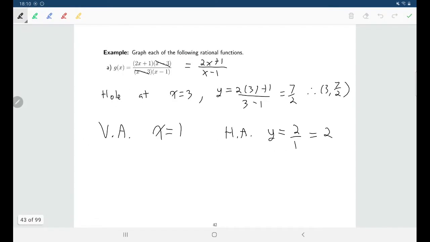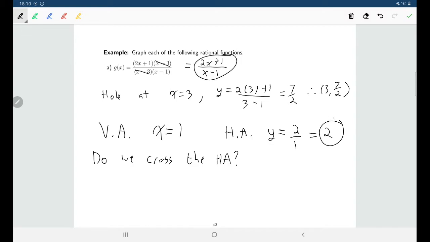And this is a point where we might want to find out, do we cross the horizontal asymptote? If we cross the horizontal asymptote, that would happen when the function has a y value of 2.